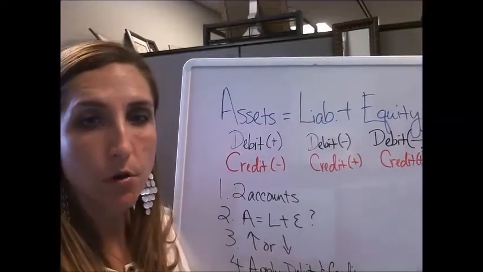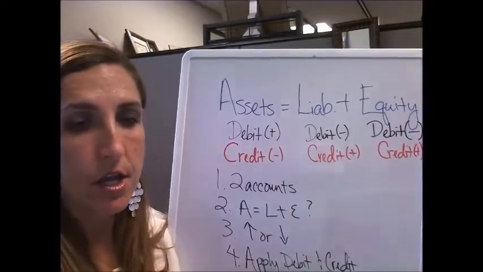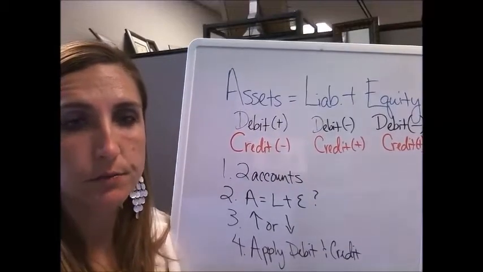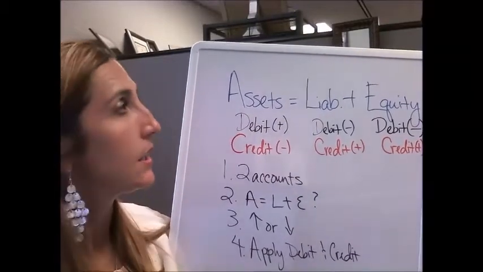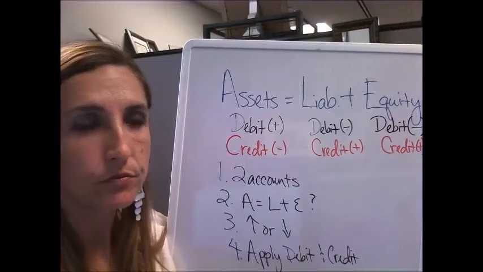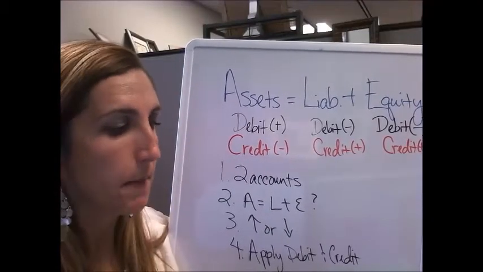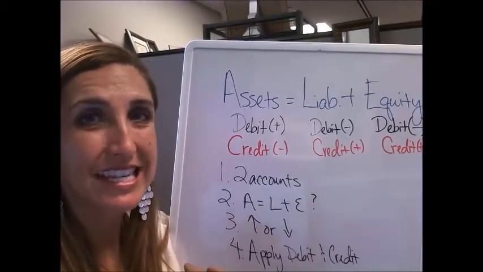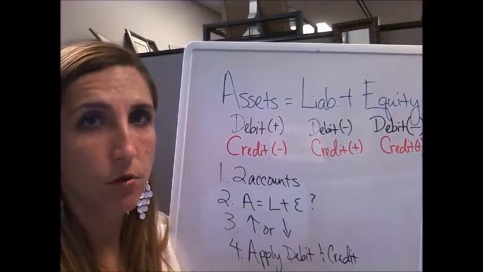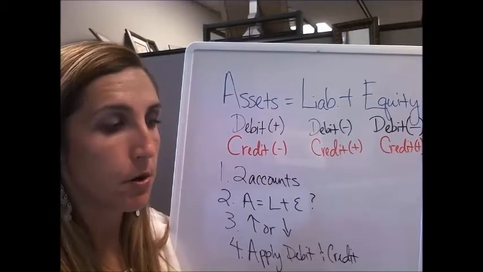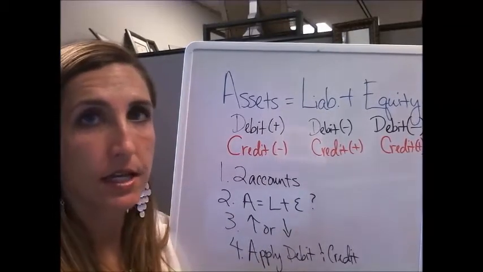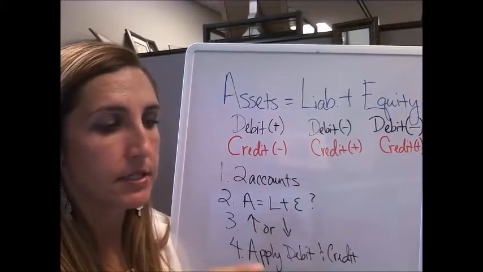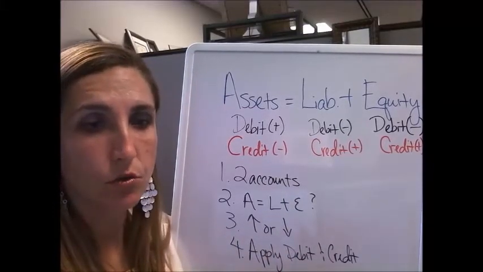If you were to work on a homework problem and it said you issued common stock for, let's say, $10,000. Issuing common stock means you have received cash and you have given your shareholders a portion of ownership. Now, it's not giving up ownership, but it means that you now have more external owners.